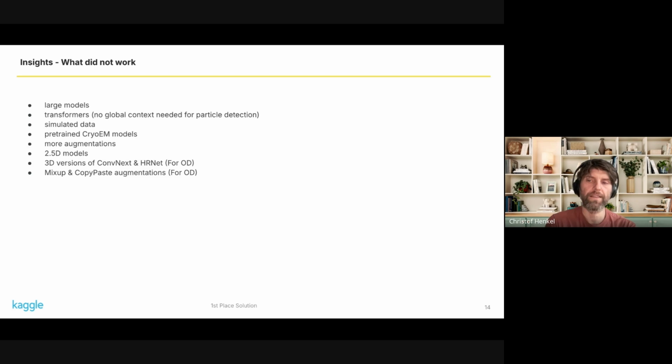I didn't get any benefit from using simulated data, neither the data available in the data portal, nor self-simulated data. Also pre-trained cryoEM models, meaning models trained on 2D data, did not help. Other augmentations did not help.